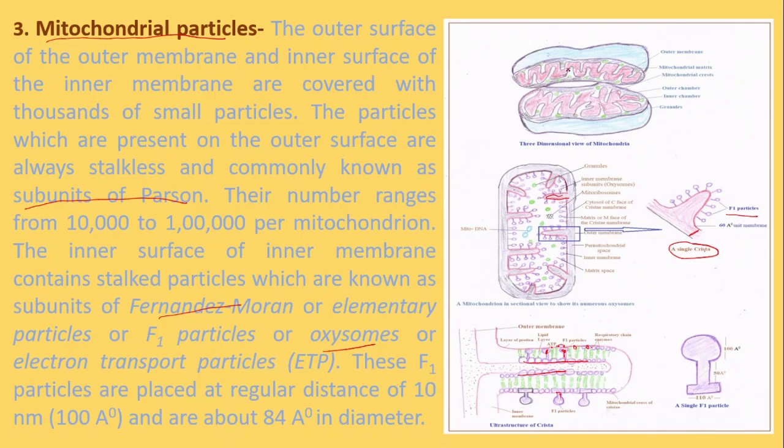This is the entire three-dimensional structure of mitochondria, and these particles are a very important part because they are highly involved in the process of ATP synthesis. They are also known as oxysomes because they are related to respiration of the cell. So these F1 particles are the functional particles present in the mitochondria.